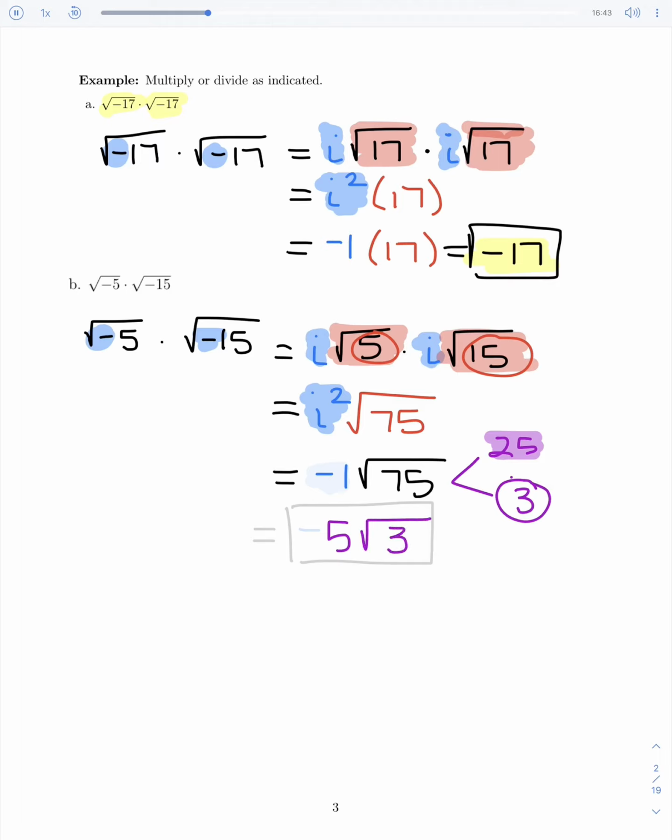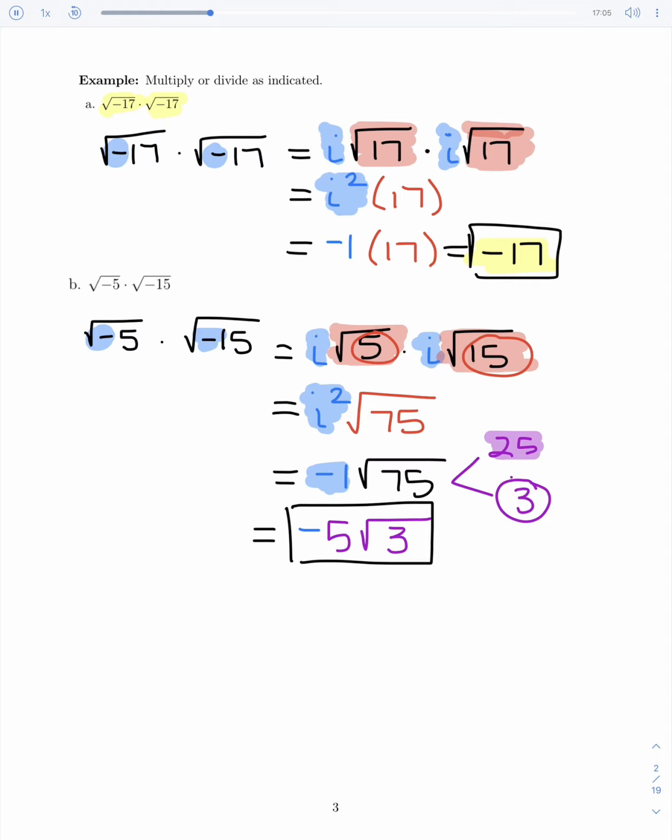However, don't forget that you had a negative 1 out in front. That means my answer is going to remain negative. So my final answer here is negative 5 square root of 3. And that's exactly how I would type it in.